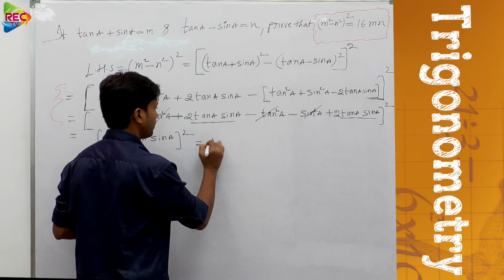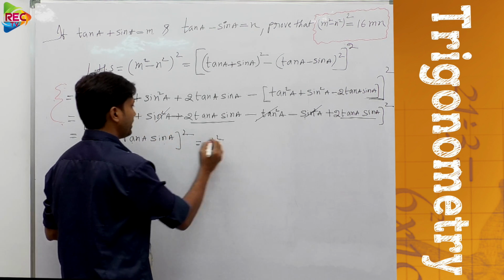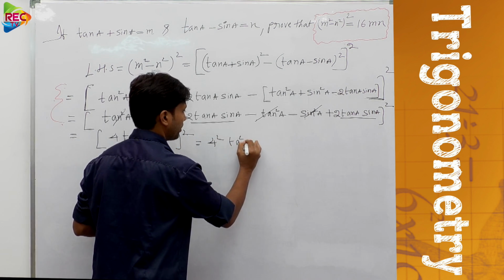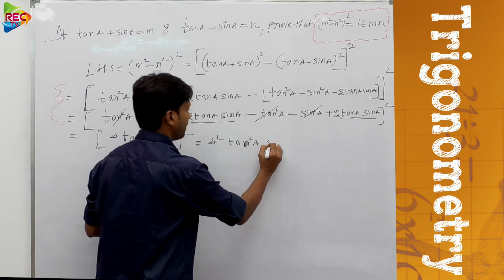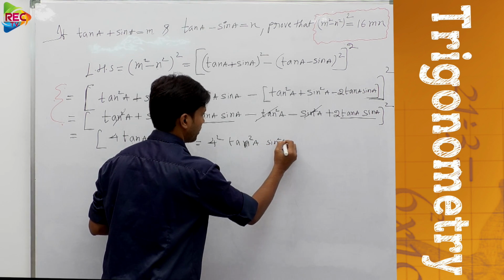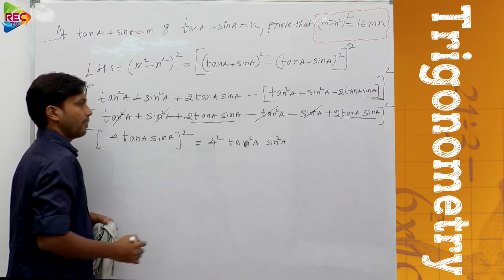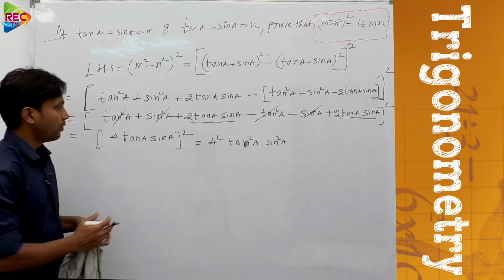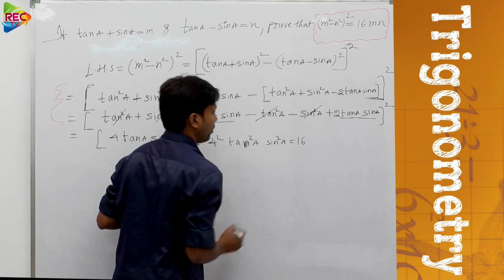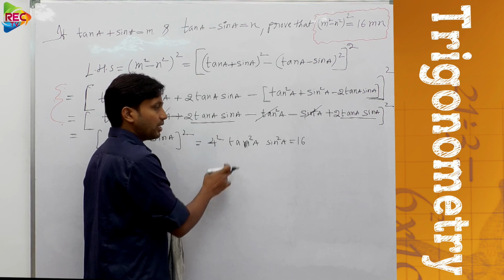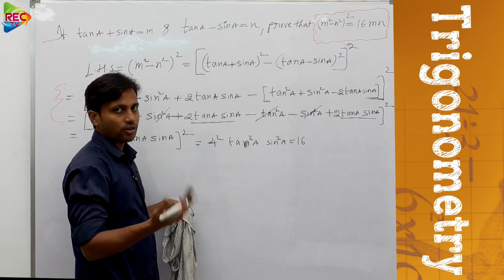4 square into tan square a into sin square a. What is 4 square? 16. Okay, now let me convert this tan square a in terms of sin a and cos a.